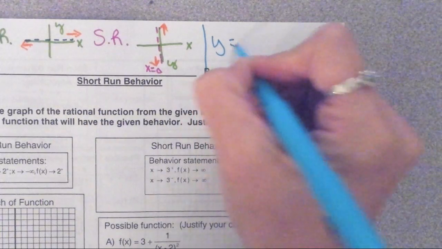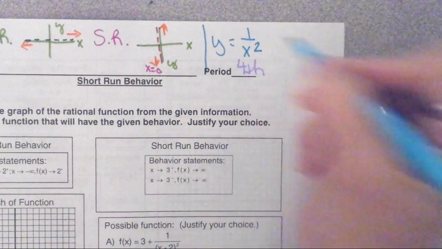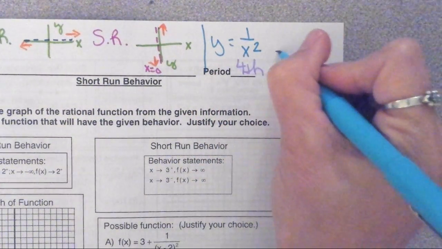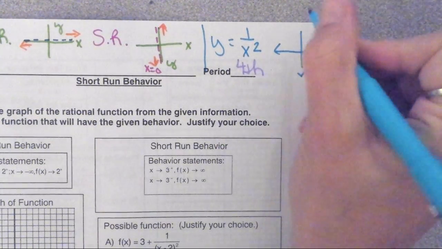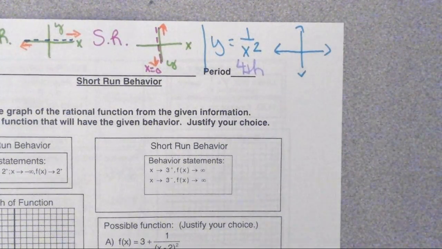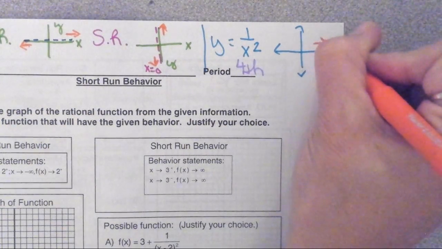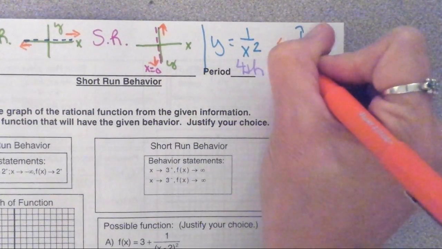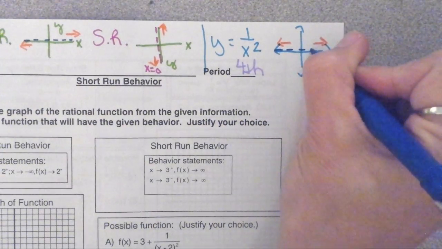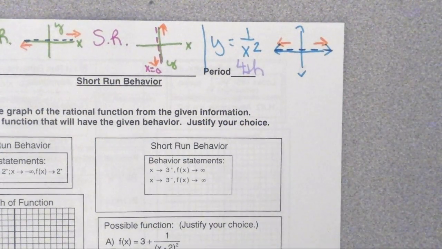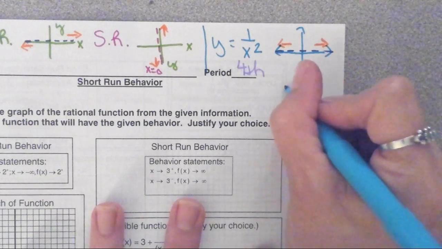We got y equals 1 over x squared. The long run behavior for y equals 1 over x squared is both the right and the left are above the horizontal asymptote. So they're both above. This is our long run.